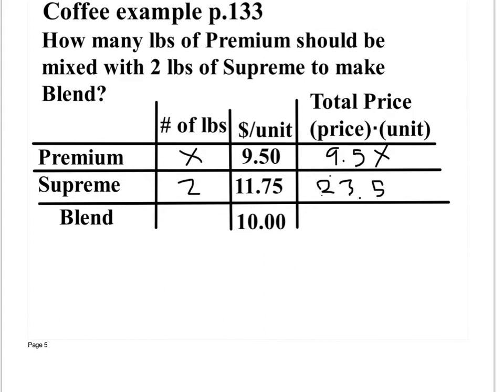That is a combination of the premium and supreme, right? How many pounds of premium do I have? x. And how many supreme? 2. So we add them. And then my total price for that is 10 times (x plus 2).